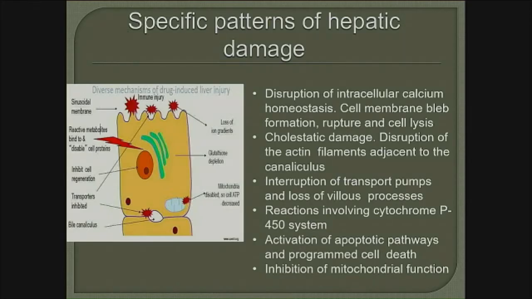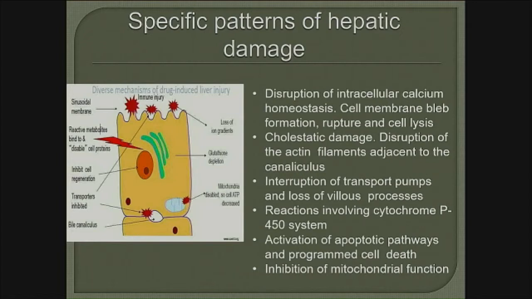The specific pattern of hepatic damage, there are several sites we can look at here. First, the disruption of intracellular calcium homeostasis and cell membrane will cause cell membrane bleb formation, rupture, and cell lysis.